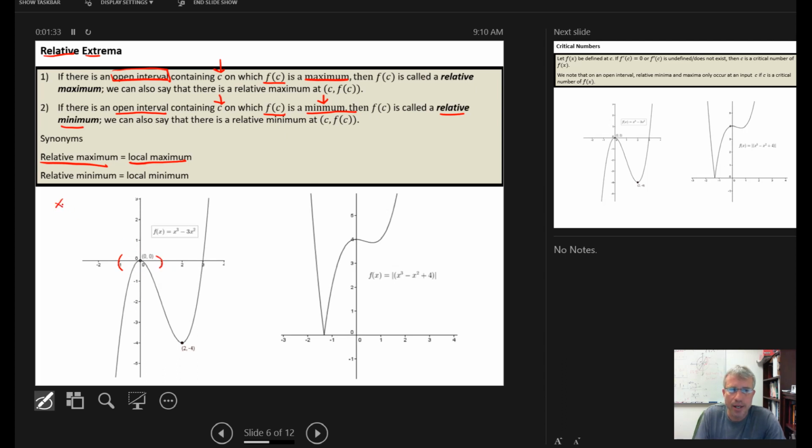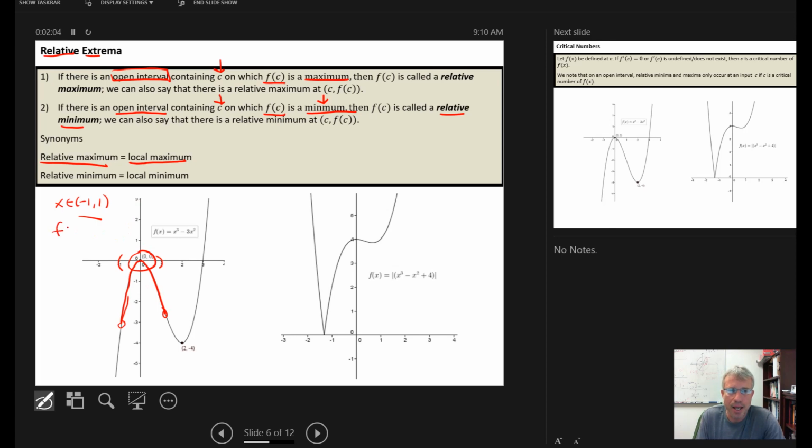On that open interval, I'm going to have inputs and outputs corresponding to roughly this part of the graph. And we can see that this is the highest point on the graph over just that open interval. So this is a relative maximum.